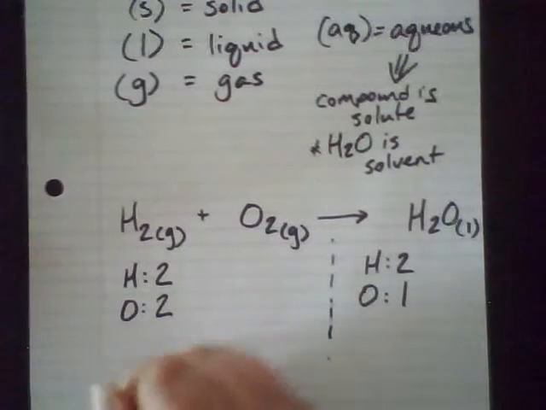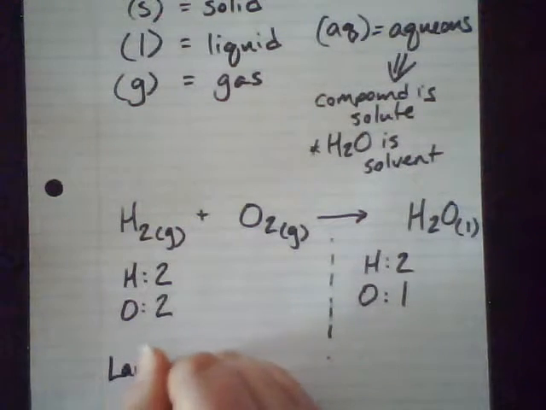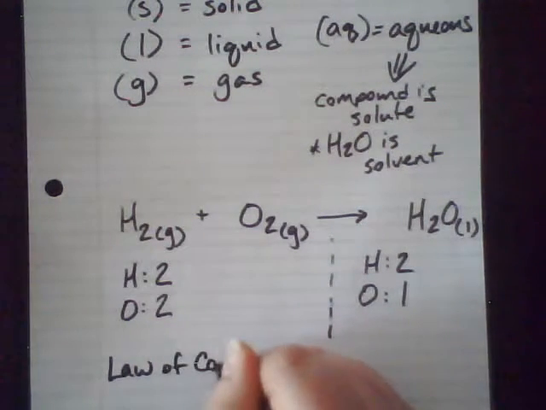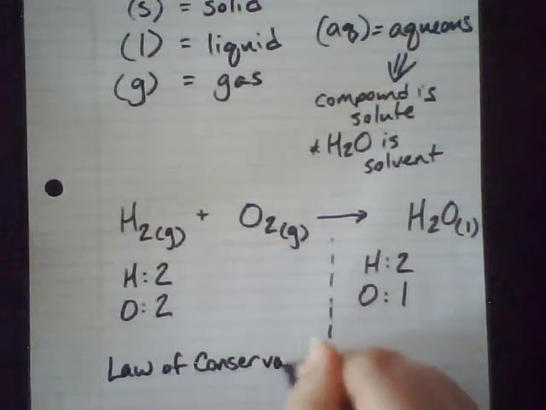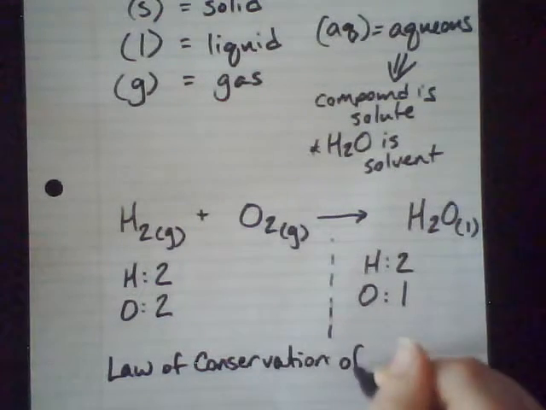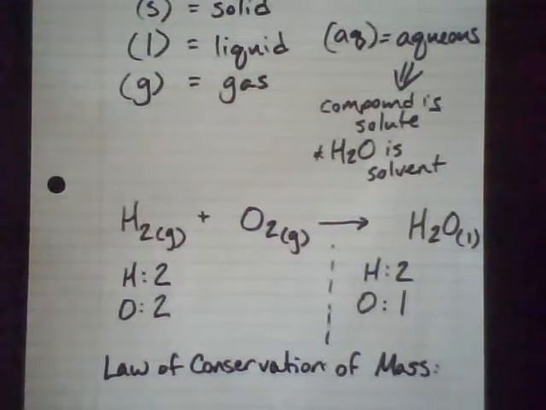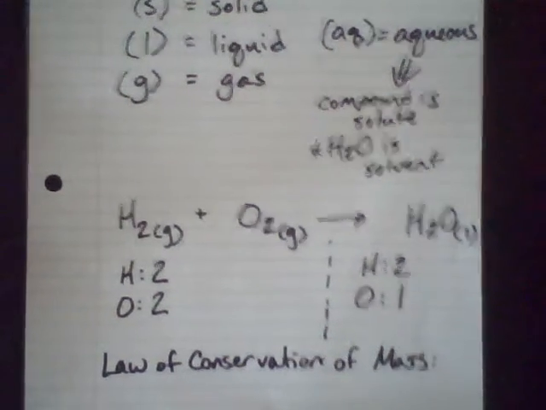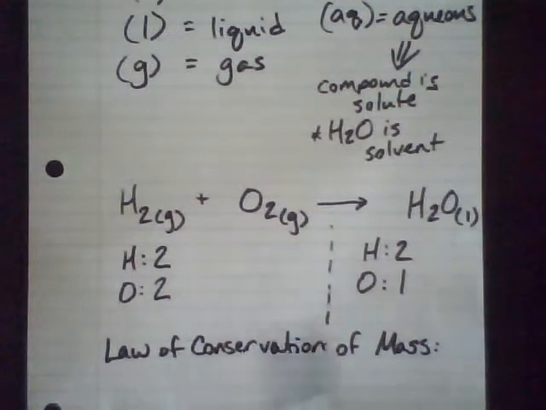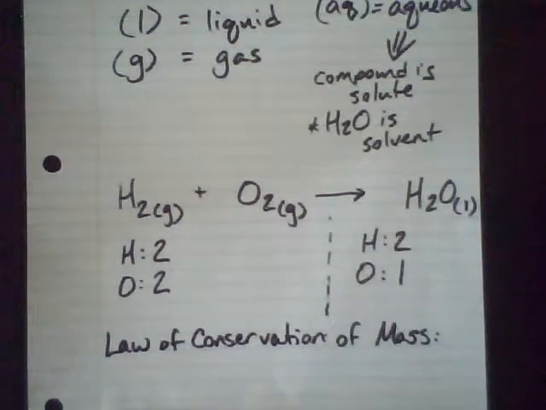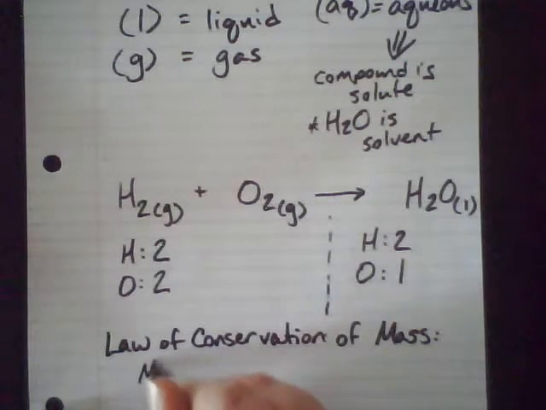And the reason for that goes back to Lavoisier's law of conservation of mass, which we talked about in a couple different contexts. The law of conservation of mass said that whatever it is that we start with in a chemical reaction has to be whatever we finish with, or that matter cannot be created or destroyed.